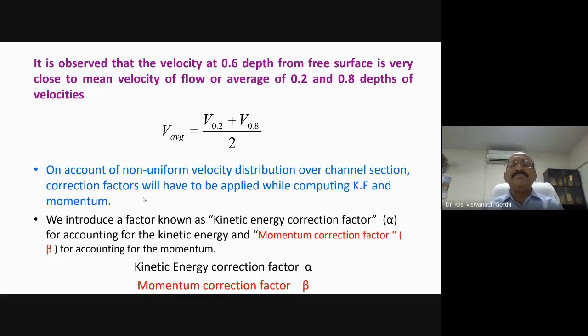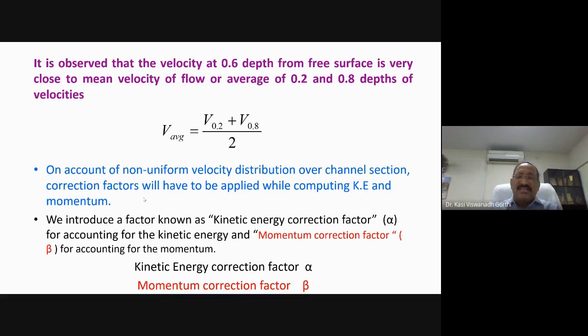Just like you take the average velocity, v at 0.2 plus v at 0.8 divided by 2, if you compute the kinetic energy based on this average velocity, it is not equal to the kinetic energy calculated based on the actual velocity distribution. Similarly, the momentum flux calculated based on the actual velocity distribution is different from the momentum flux calculated based on average velocity.